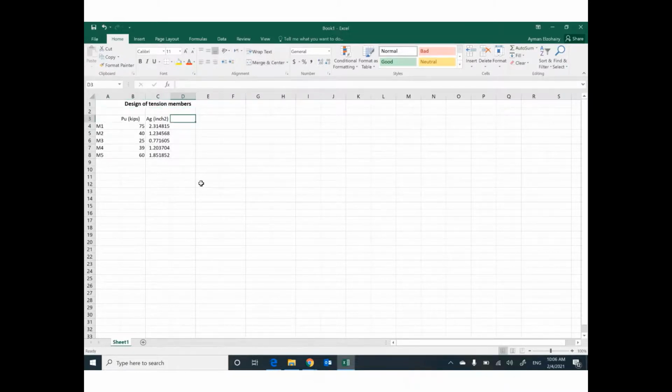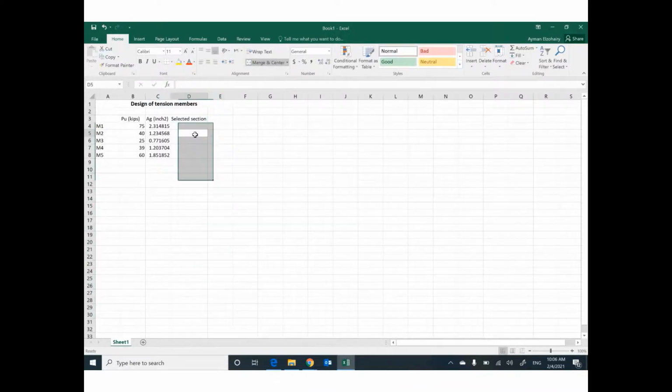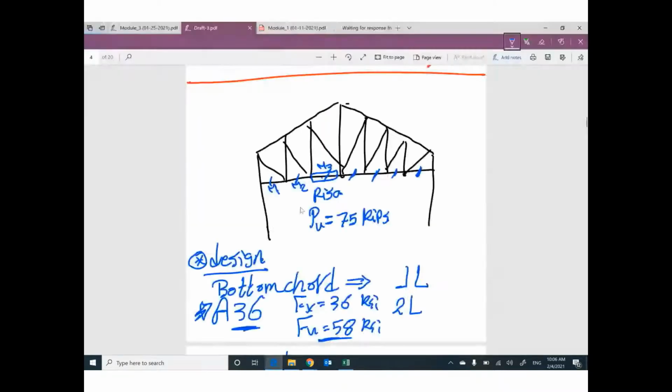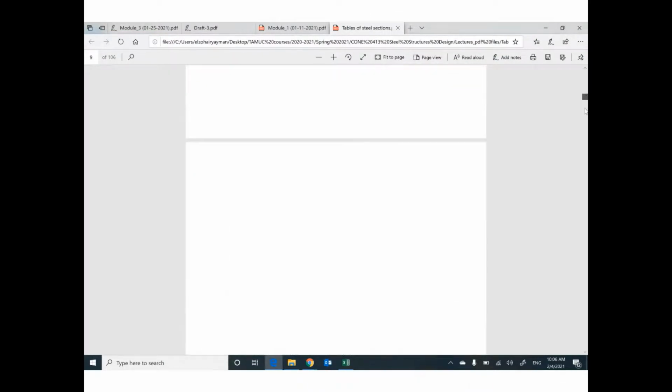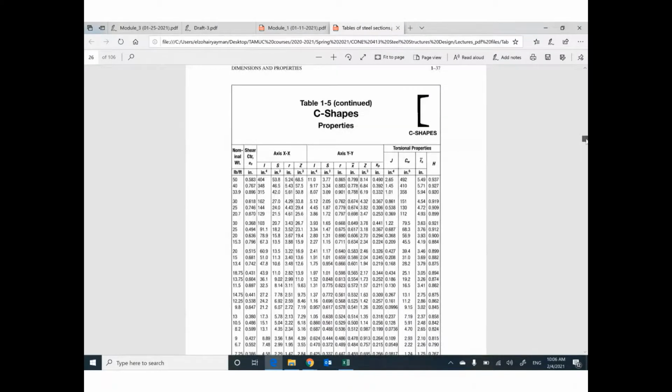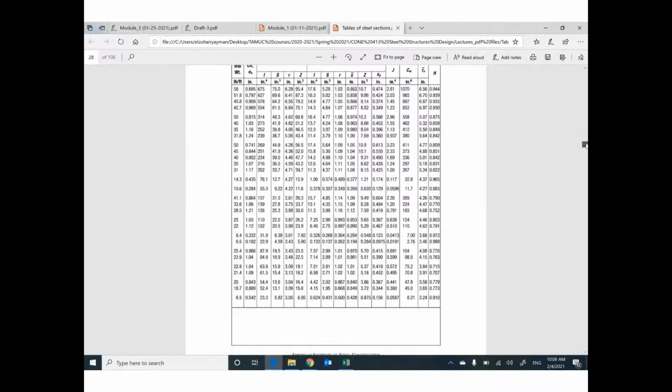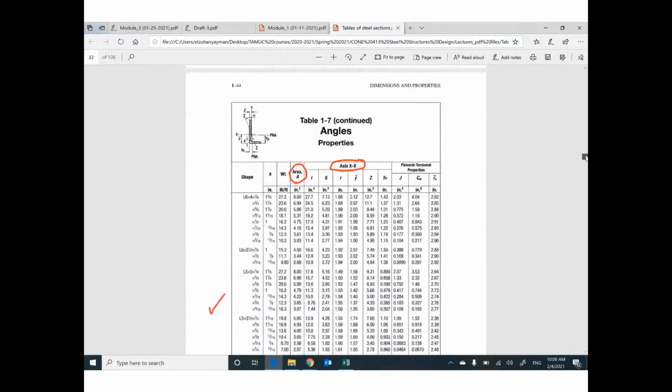So, selected section. We need to select a cross section. So to do this, you need to open tables and go down for angles.